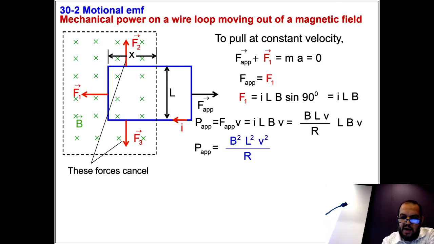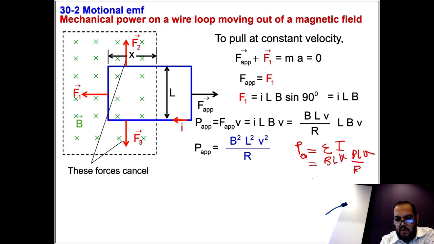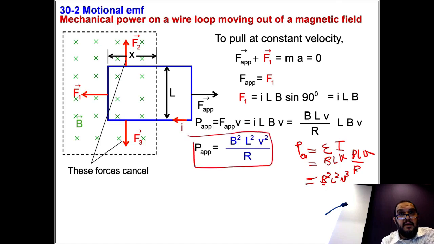The electric power we can compute with VI, the induced EMF times I. We know the EMF is BLV, and I is BLV divided by R. So this is also equal to B squared, L squared, V squared divided by R.